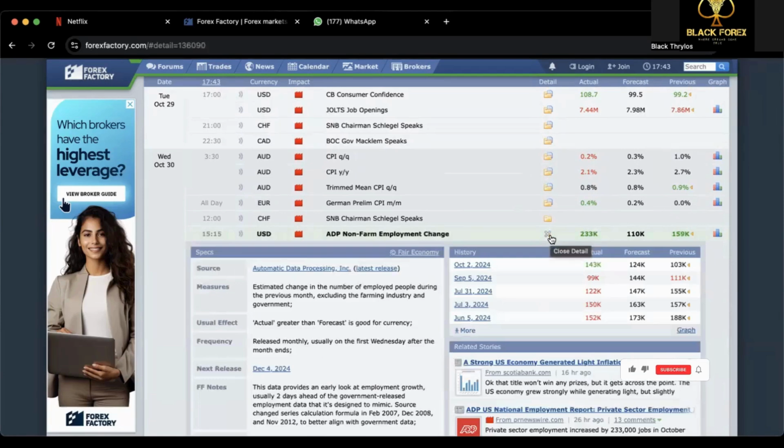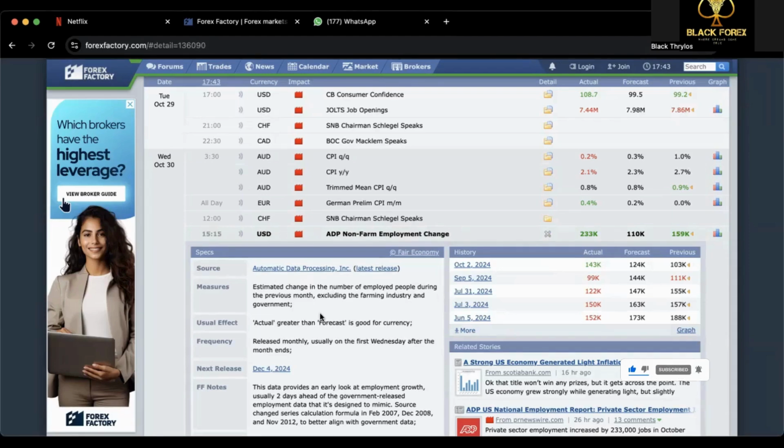So this is the first indicator, which indicates how the non-farm payroll is going to come out. So for instance, this ADP, it's the estimated change in the number of employed people during the previous month, excluding the farming industry and government.